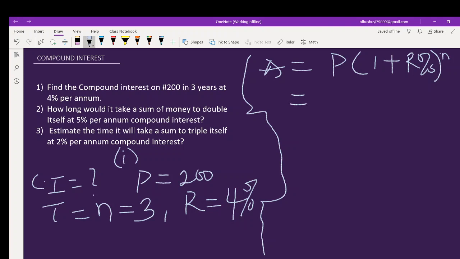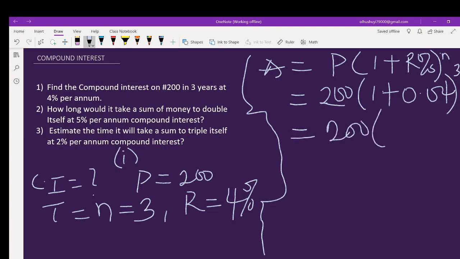This implies that our principal, which is 200, times 1 plus R, which is 4%, and that is the same thing as 0.04, all raised to power 3. Do you get that? So this can be equal to 200 open bracket, let me just sum that together, 1.04 all raised to power 3.